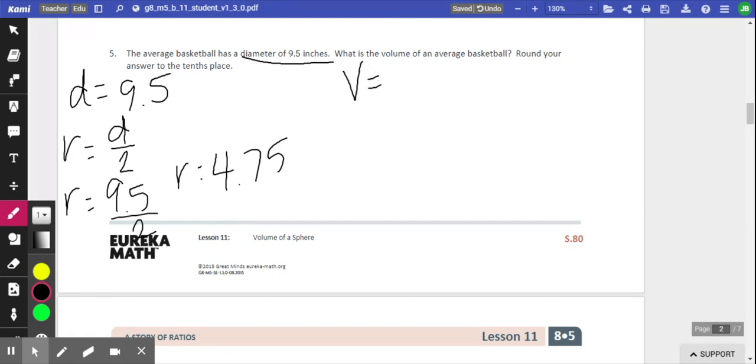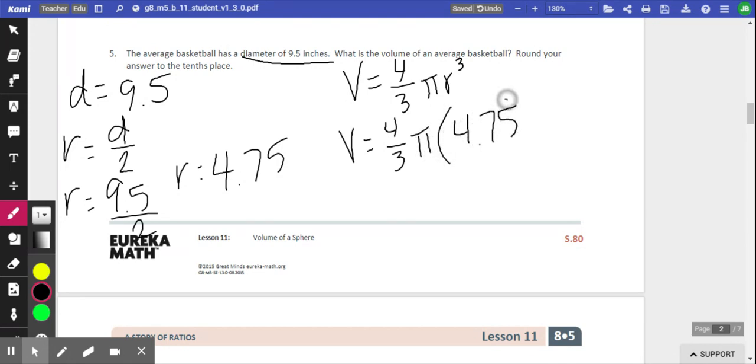So at this point, you're going to rewrite your volume formula. So volume equals 4/3 pi r cubed, and plug in your radius. So 4/3 pi, and then in parentheses, I'm going to put 4.75, close parenthesis, and a cube.